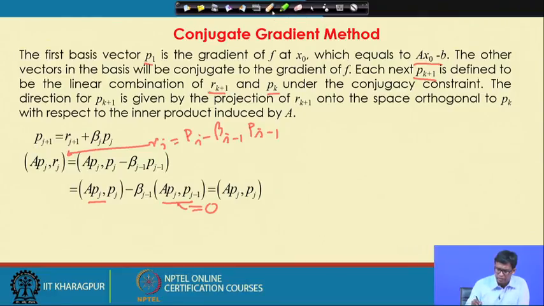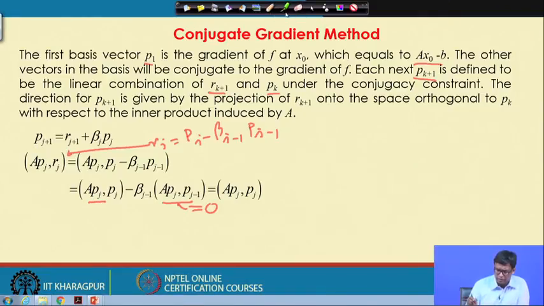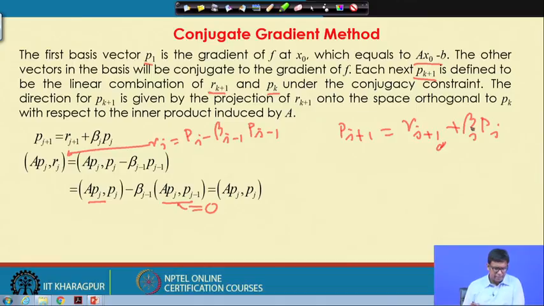I can start working like this: P j plus 1 is equal to R j plus 1 plus beta j P j, and then take the dot product of the entire thing with A p j, and this will be 0.